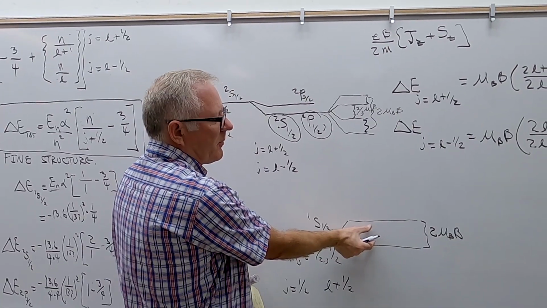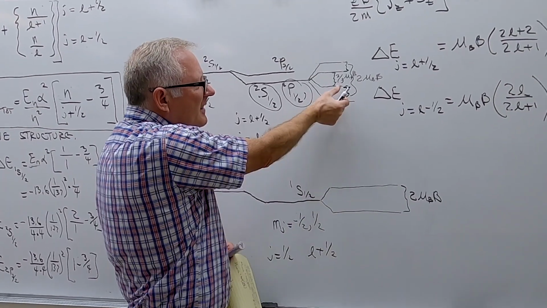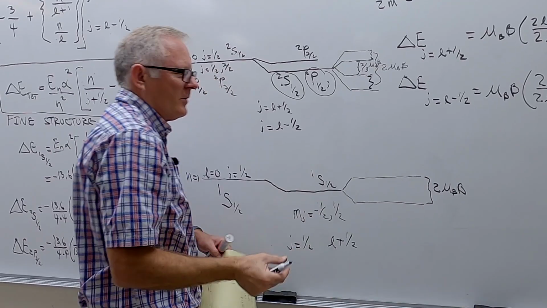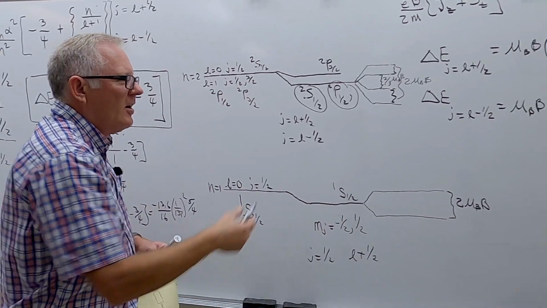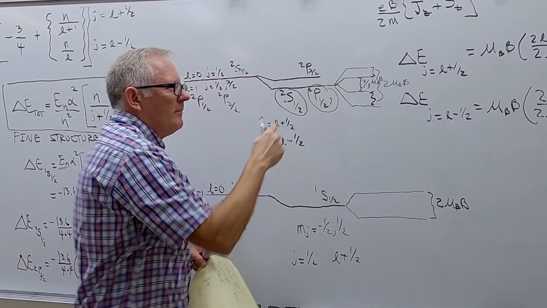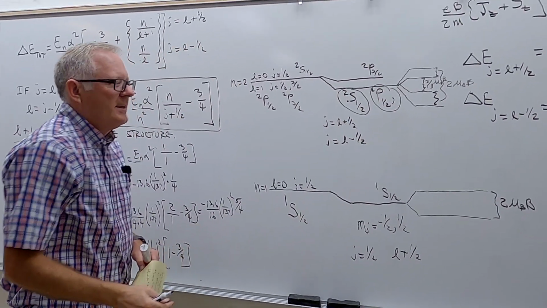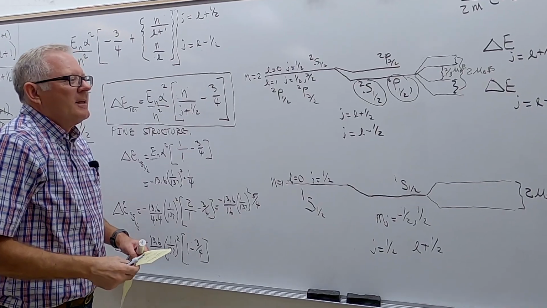These guys were separated by 2 mu_B B, these are by 2/3 mu_B B, and so on. They have different spacings. Remember, with the normal Zeeman effect, all the spacings were the same. Now they're different. And this one's going to have some different spacings too, and so on.